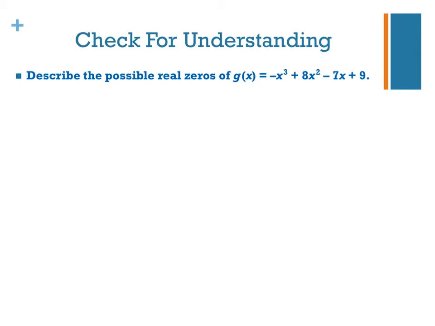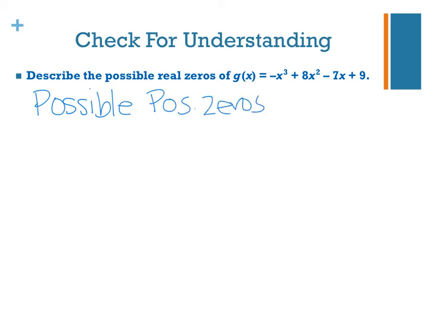Alright, so we are going to find the possible positive zeros. If I count the number of sign changes in my equation, moving from negative to positive, that's 1 sign change. Positive to negative is a sign change, so that's 2 sign changes.